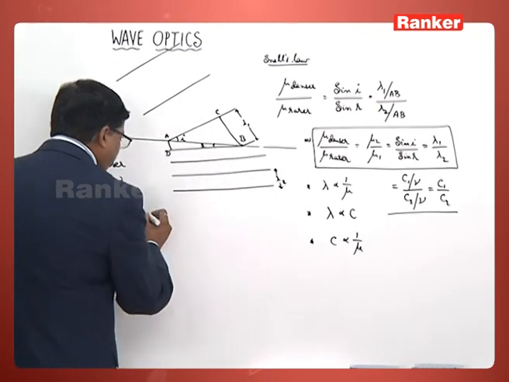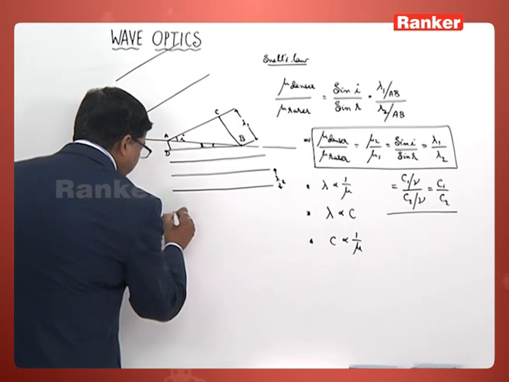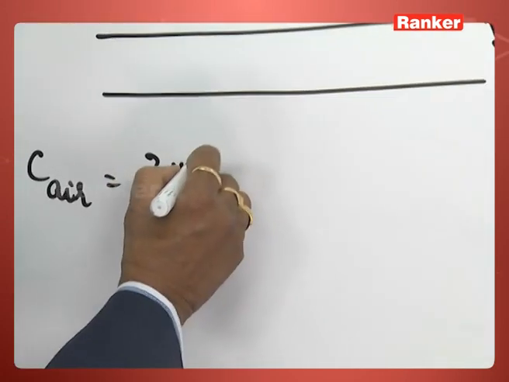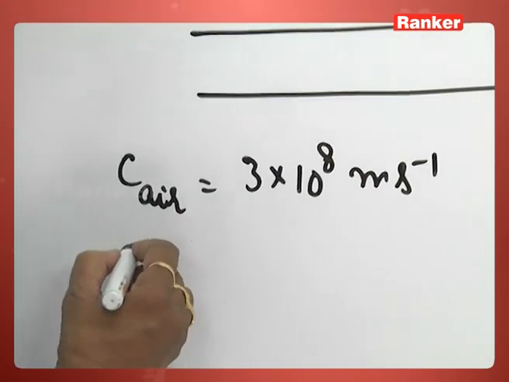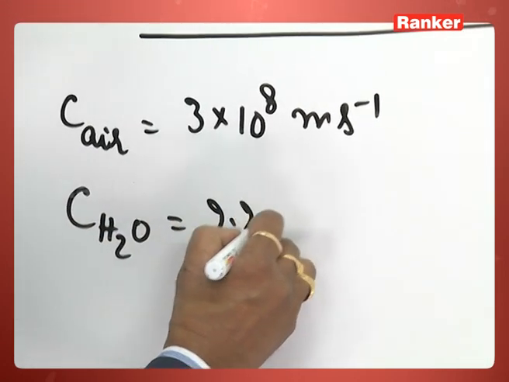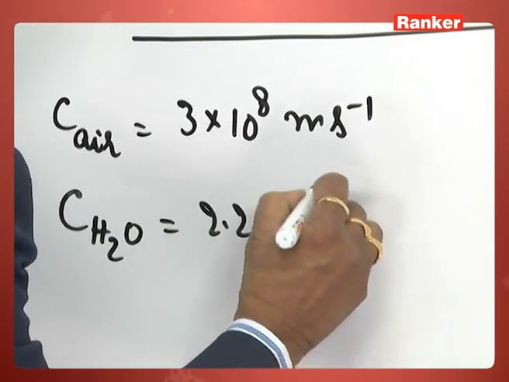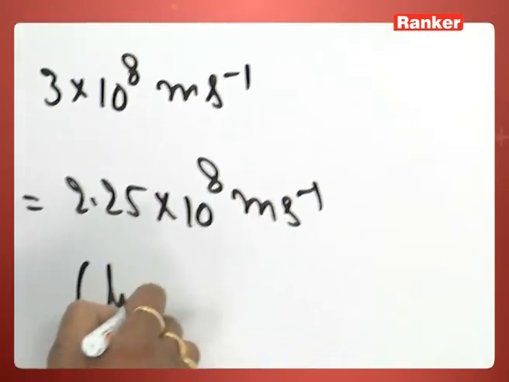The very first one, the velocity of light in air, is 3 into 10 to the power 8 meters per second. What is the velocity of light in water? That is around 2.25 into 10 to the power 8 meters per second. What is the refractive index of water here?